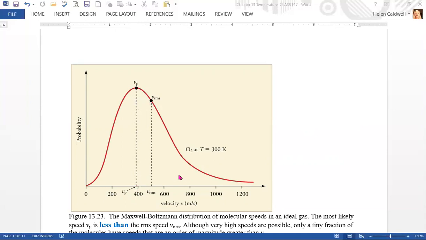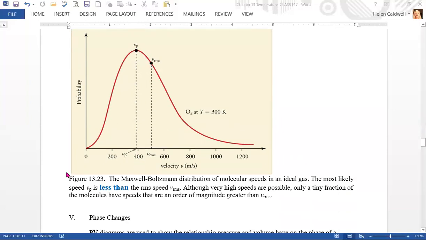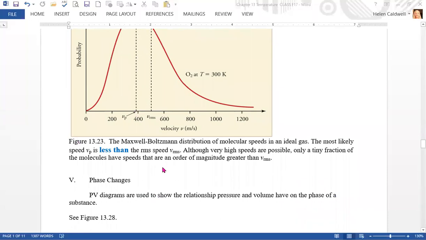And you can see as you move away from the most probable, you have fewer and fewer molecules moving at that speed. This diagram is a Maxwell-Boltzmann distribution of the molecular speeds in an ideal gas. And again, it's just showing you that a lot of speeds are possible, just some are more possible.